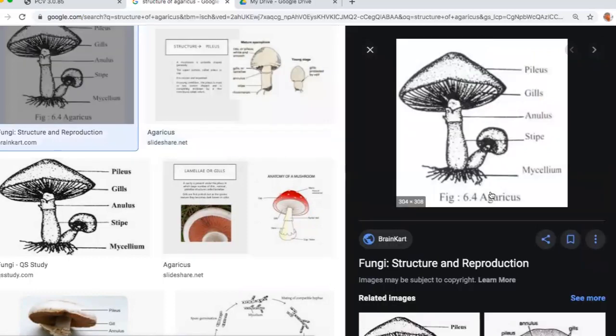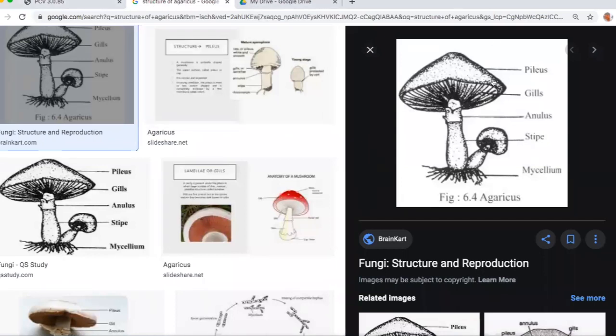So Agaricus is the mushroom that you eat. You are able to still see the gills. Gills are present. Agaricus bisporus, but that 'h' will not come. The common mushroom that we eat is called Agaricus.